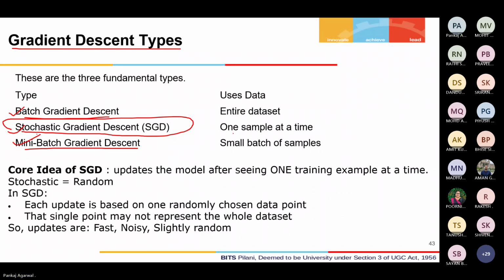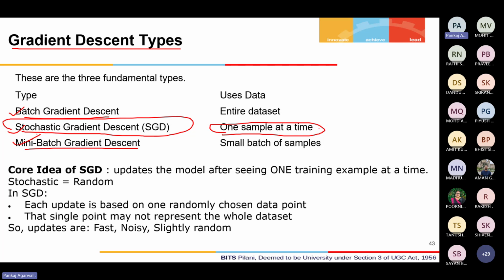Here, if you visualize it very carefully, we need to update the things in every iteration, isn't it? For every input, in every iteration, we were picking up one sample at a time, and then trying to minimize that error.